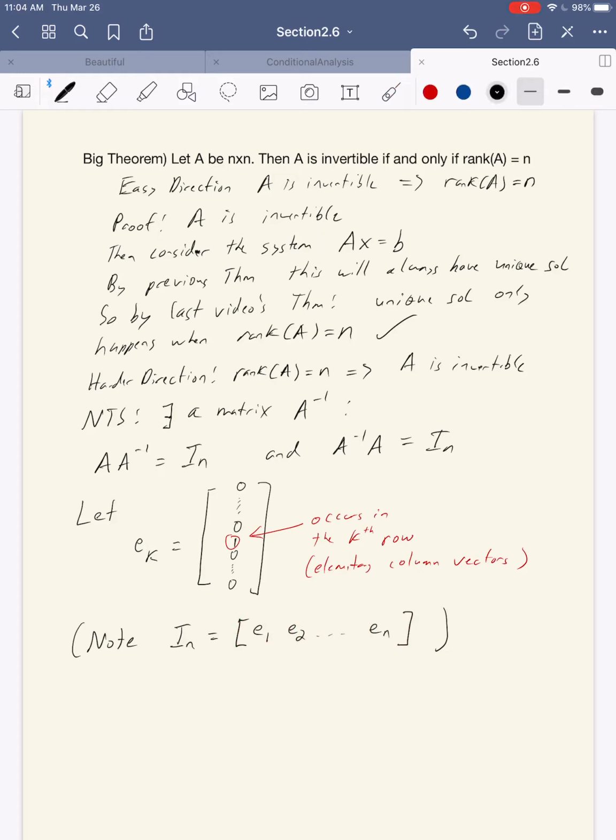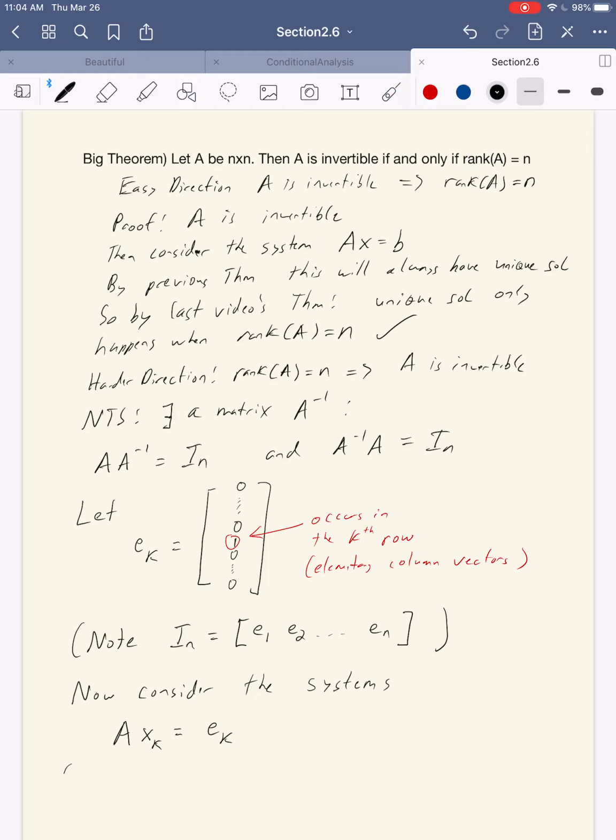Now we're going to consider the systems A x_k equals E sub k. So we're considering these systems with our matrix A times some unknown variable vector equals each of these elementary column vectors. What do we know about this?